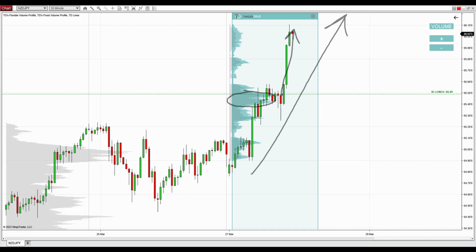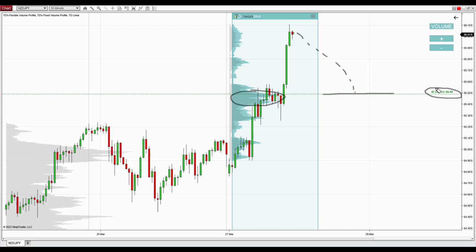So again, as in the previous cases, I think that strong buyers were building up their longs in here. You just need to wait for a pullback to this heavy volume zone, which begins at 85.49, and then take it from there.